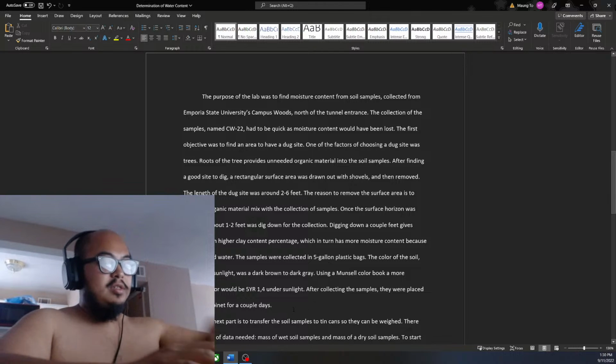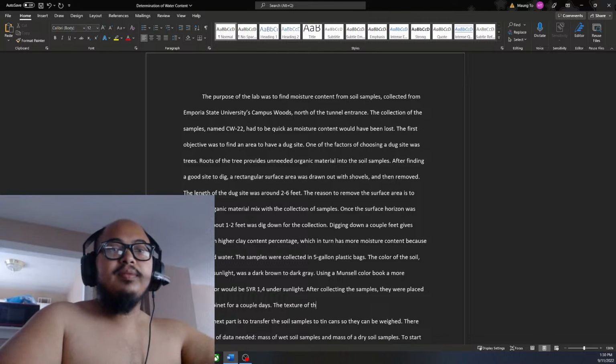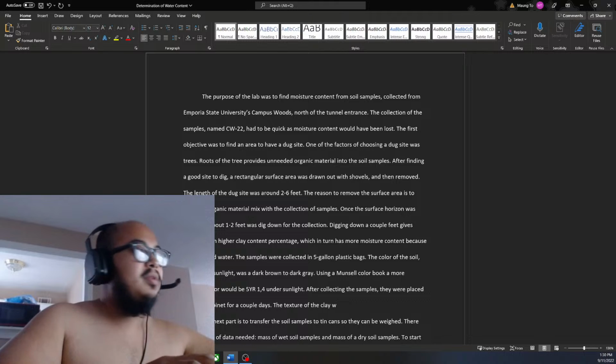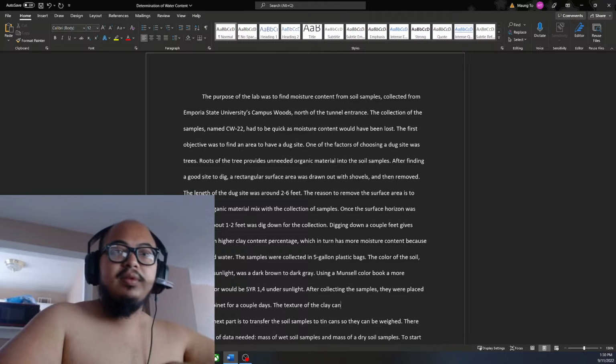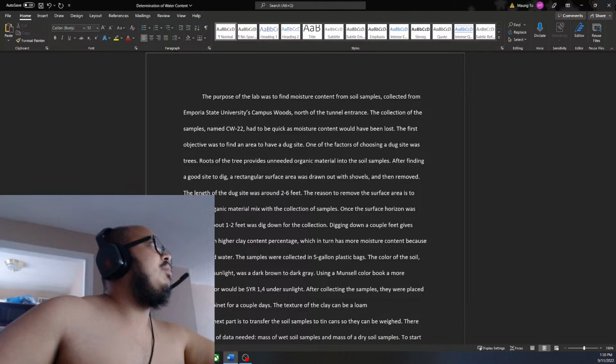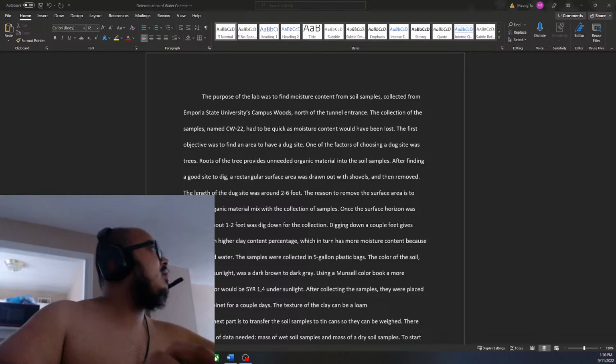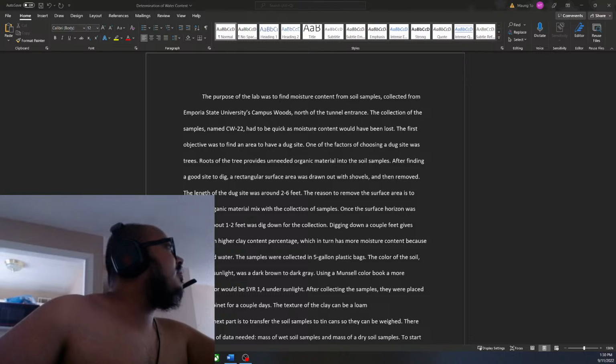I should probably talk about texture. Can be a loamy. Alright, I gotta look up what loamy is. Loam, silty clay. I need to look at images.